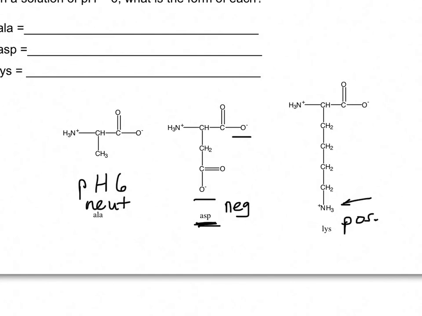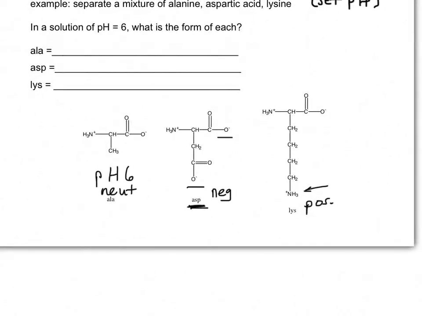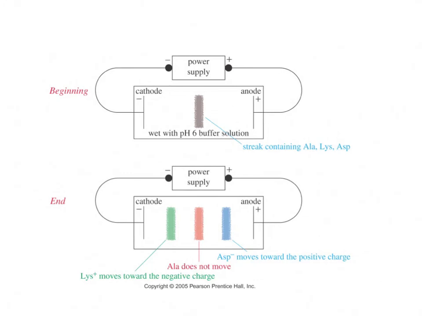Okay? Now, what you do is you take this mixture, and we can fill in some of your blanks here. What is the form of each? You guys can fill it in. We just did down below. You do an electrophoresis, which some people do in a plastic tub with electrodes at each end.